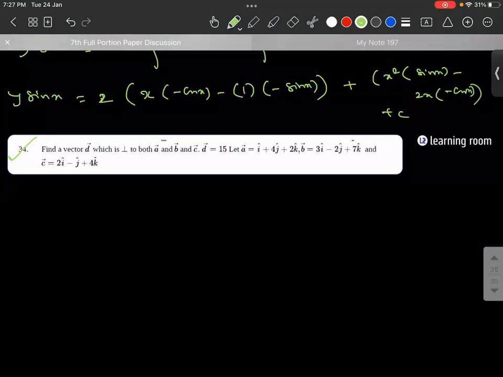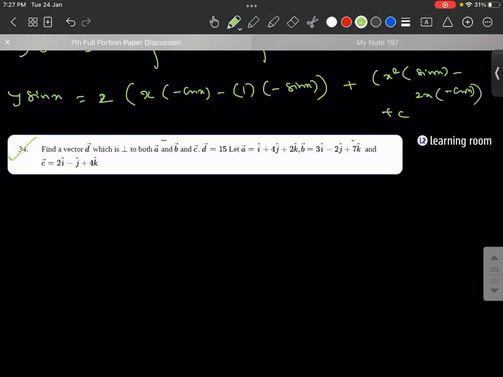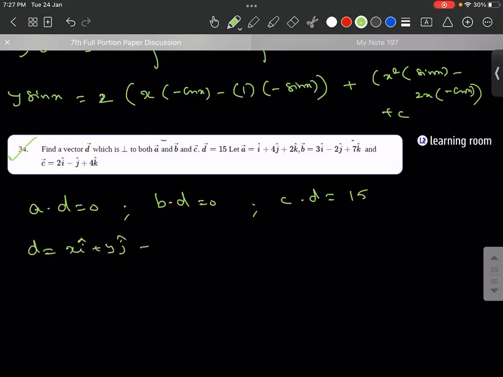Find a vector d which is perpendicular to both a and b and c dot d is 15. So a dot d is 0, b dot d is 0, and c dot d is 15. So let d be xi cap plus yj cap plus zk cap.